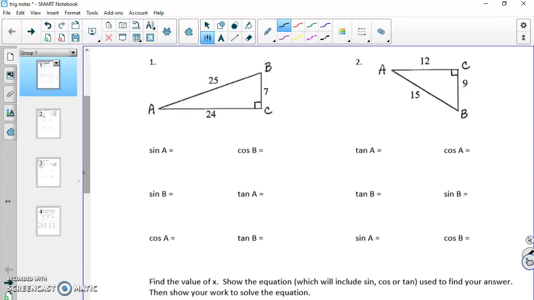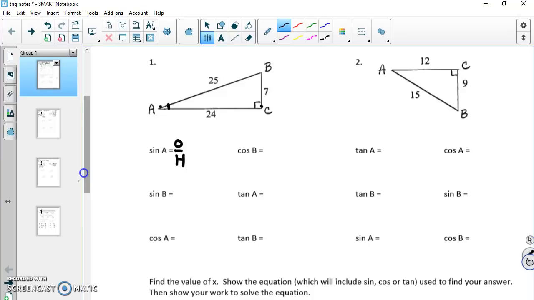So starting with number 1 here, we have a right triangle with points A, B, and C. Three different side lengths here, 7, 24, and 25 are already written in. We're going to start by doing the sine of angle A. So that means we're going to go to angle A, and since it's sine, we know we have to do the opposite over hypotenuse.